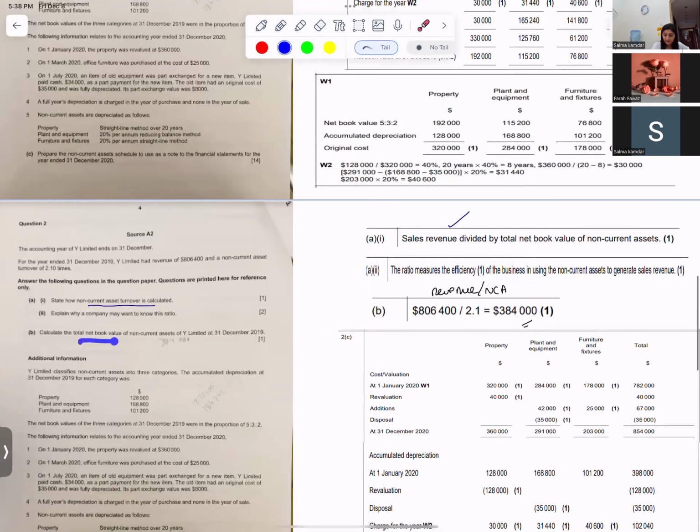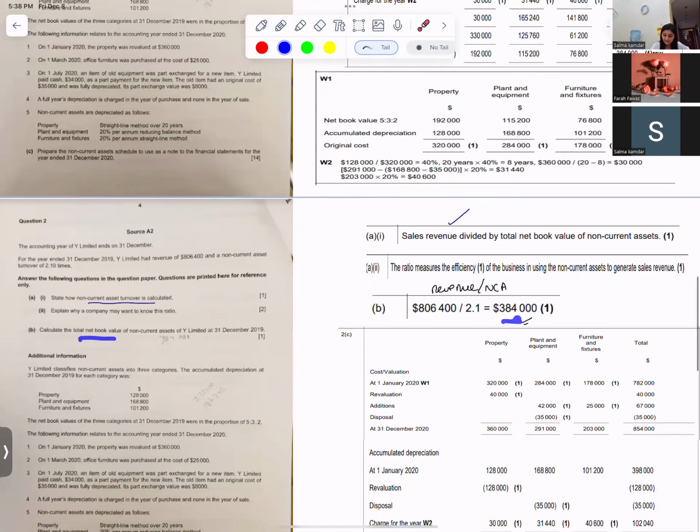And now, how did you get the total net book value of the assets? Revenue divided by the non-current asset turnover ratio gives you the net book value of the assets.